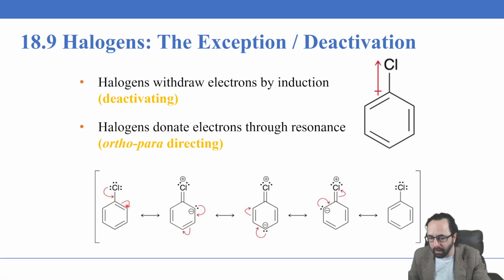And we need a second arrow here so that we avoid having 5 bonds, and we have the lone pair here. And then we have allylic lone pair, allylic lone pair, allylic lone pair, and we recover the 5th resonance structure here. So we have two competing effects here. So the halogen groups are not going to be nearly as deactivating as the nitro group, but they will still be deactivating. But the difference is, instead of being meta directing, they will be ortho-para directing.